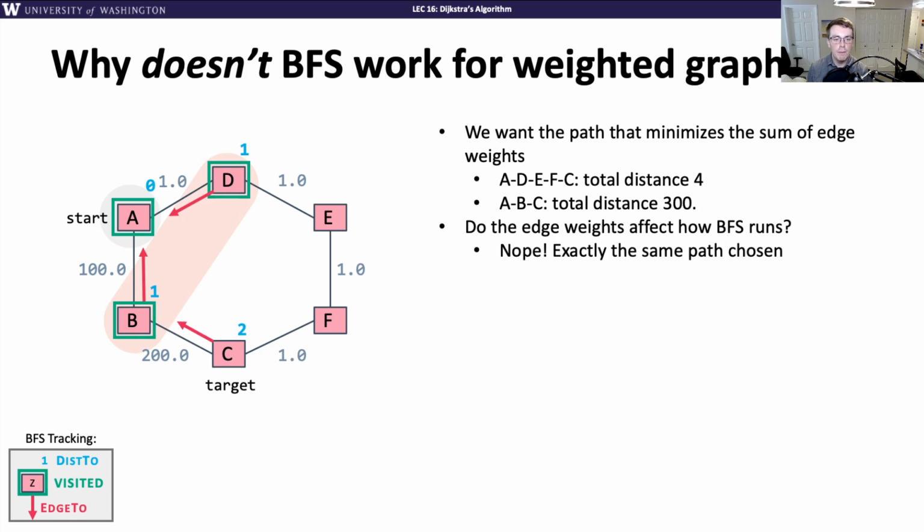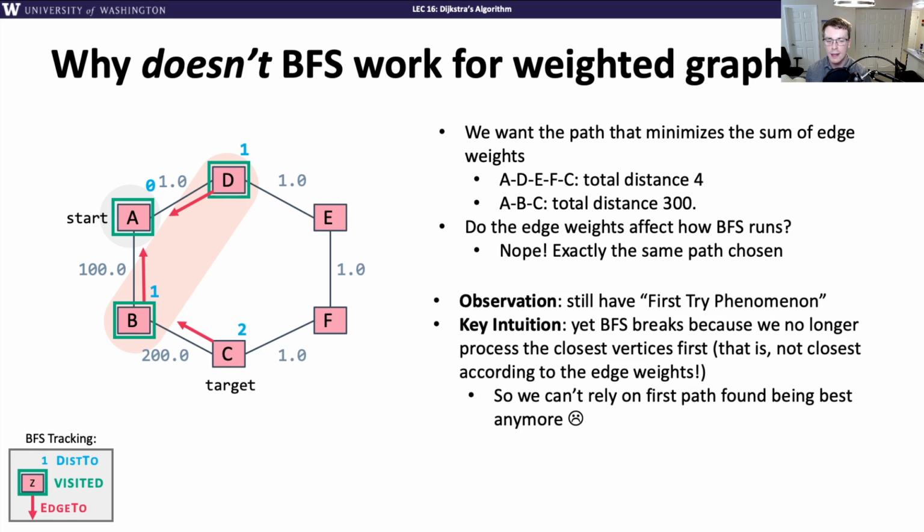Now, the key observation here, though, is that the first try phenomenon still holds. We're still operating under this assumption that when we enqueue a node, we know its shortest path. But it turns out that that shortest path is not necessarily going to be correct. It's not going to be the one we wanted.